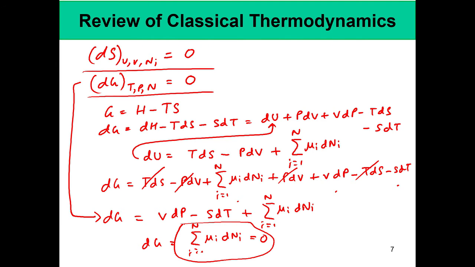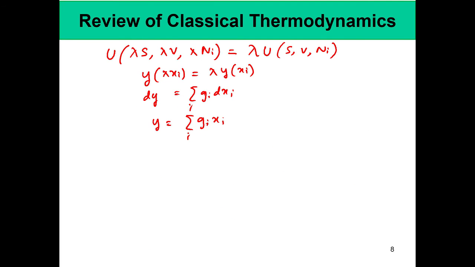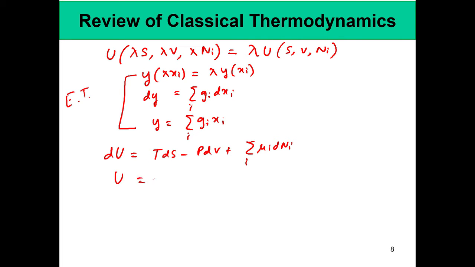For internal energy, it was essentially dU is equal to TdS minus PdV plus summation i of mu_i dn_i. By Euler's theorem, we can write U is equal to TS minus PV plus summation i of mu_i n_i.